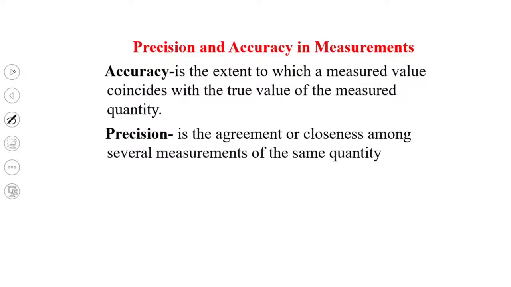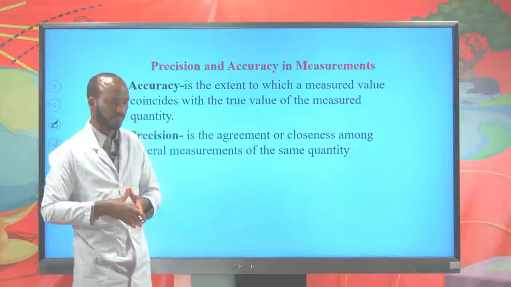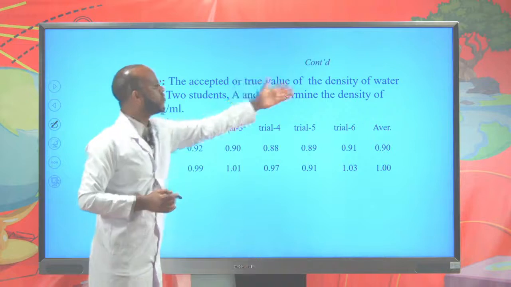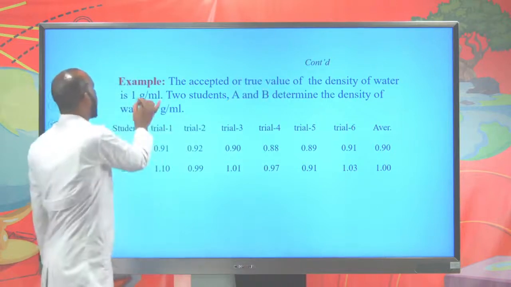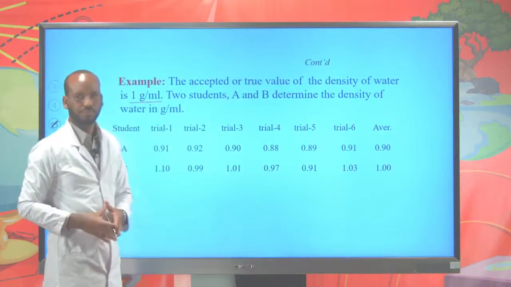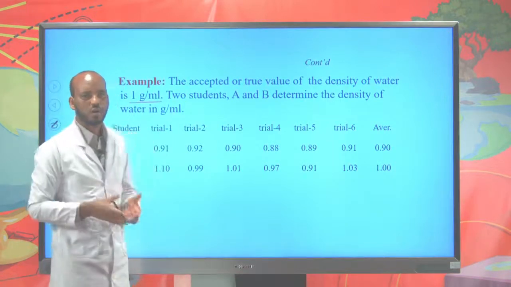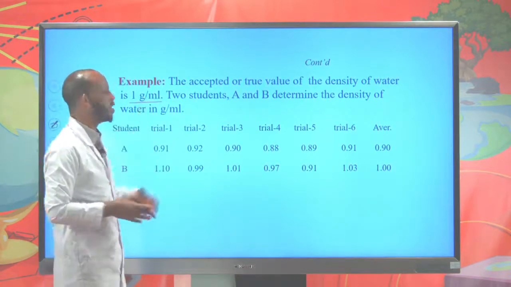Precision is agreement or closeness among several measurements of the same quantity, the same data. For example, the accepted or true value of the density of water is 1 gram per milliliter. This is the true value or accepted value of density of water.